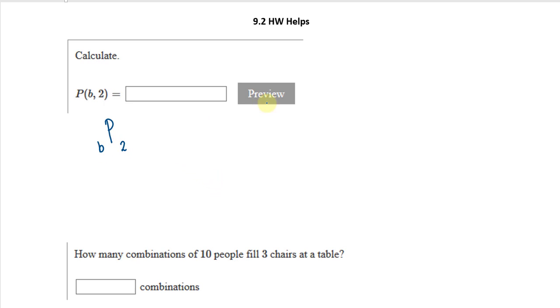Remember that for any permutation P(n, k), the formula is n factorial over n minus k factorial. The same thing here, using the letter b: b factorial over b minus 2 factorial.